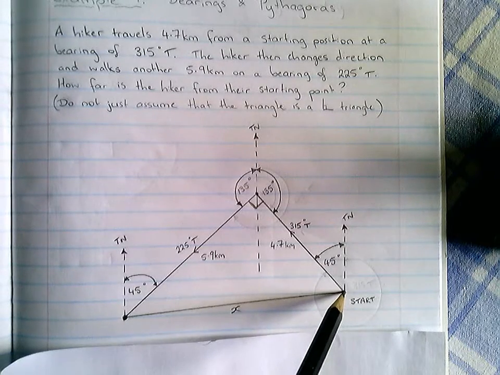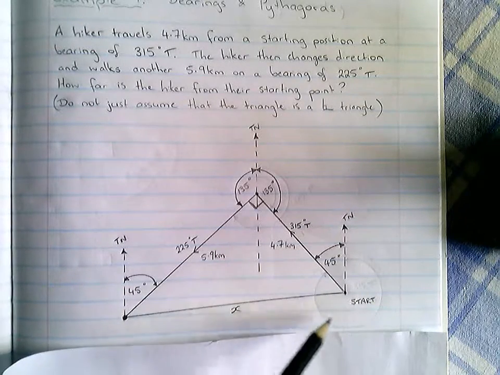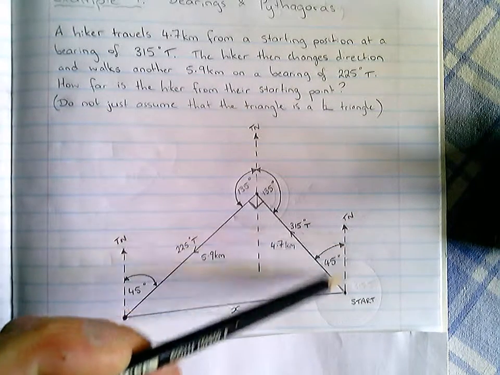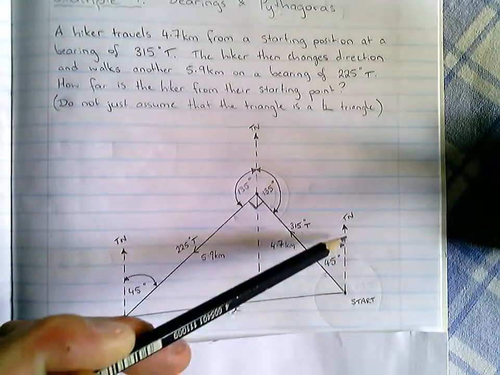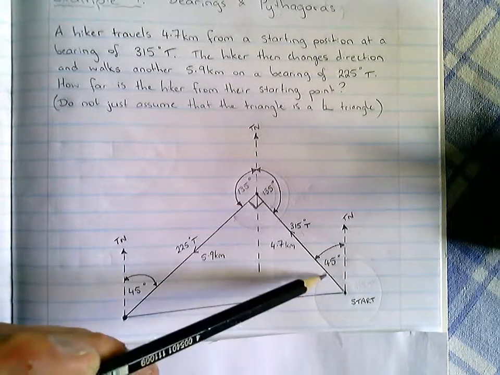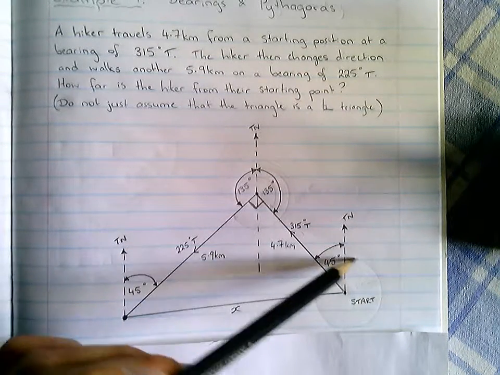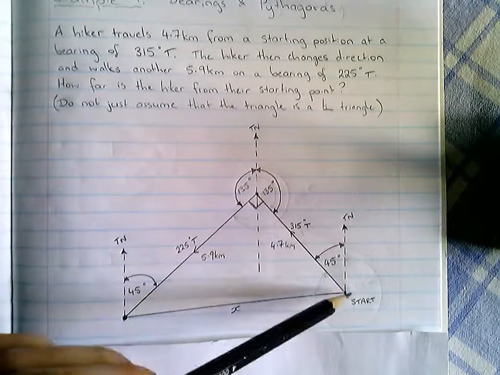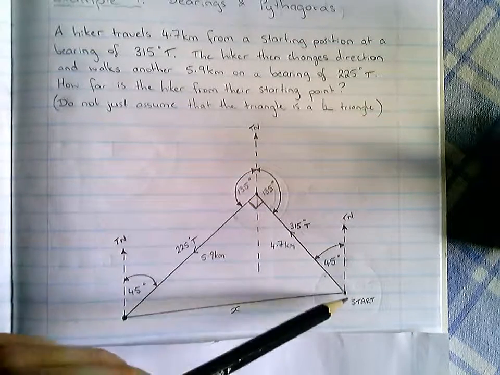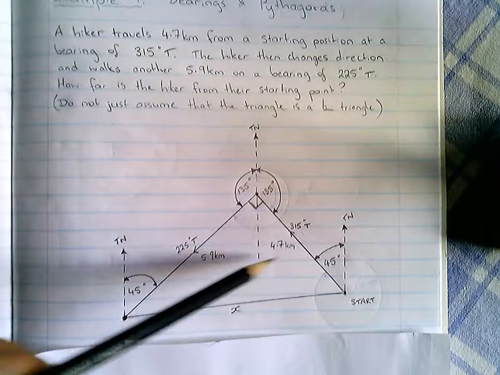And what I've done, and you can see it lightly here by this circle or this angle here, is at that starting point from true north, which I've drawn in with a dotted line, I've measured, not with a protractor, but approximately 315 degrees in a clockwise direction. That's a clockwise direction from true north. And I've drawn that bearing on that particular leg, as well as the distance that the hiker walked for that particular leg.